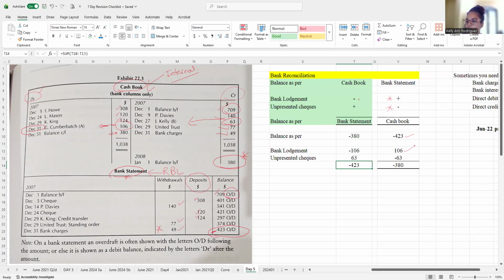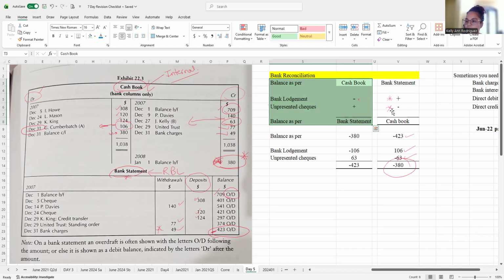So when you add the deposit that is missing and minus the payment, you will now return to the balance that is in your cash book, showing the negative 380, which is a credit balance in your cash book. So this little format here is all you have to remember in your reconciliation.